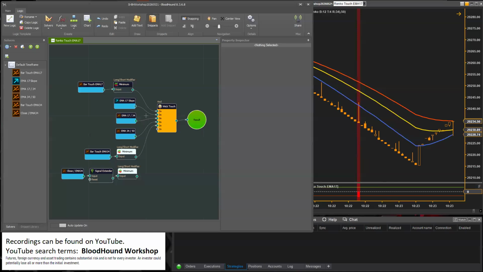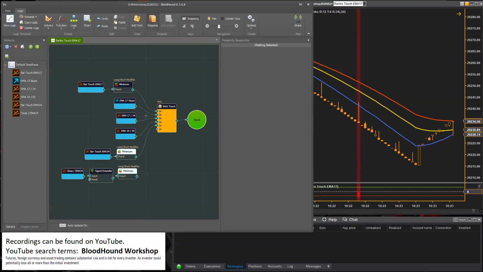All right, let me see if there's any follow-ups on this. Okay, so this is Stephen's question here, and he says it's okay for the bars to touch or slightly go over the EMA, but price can't close above.